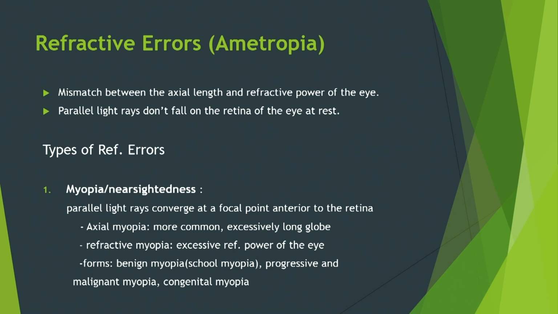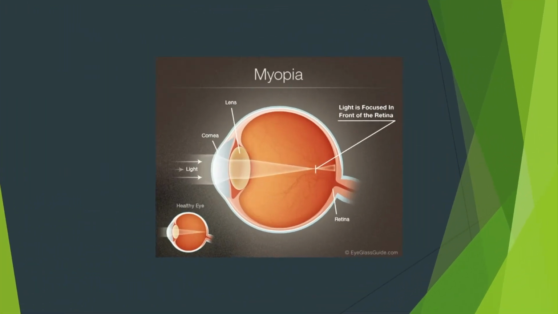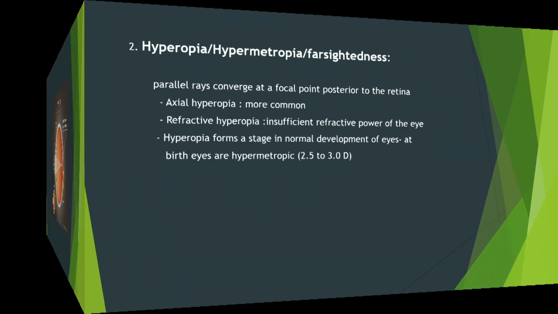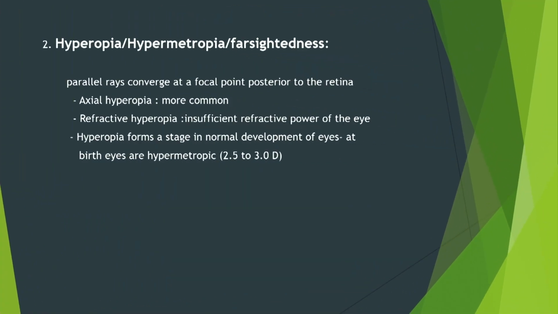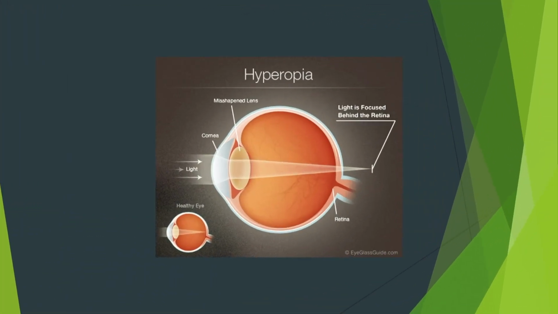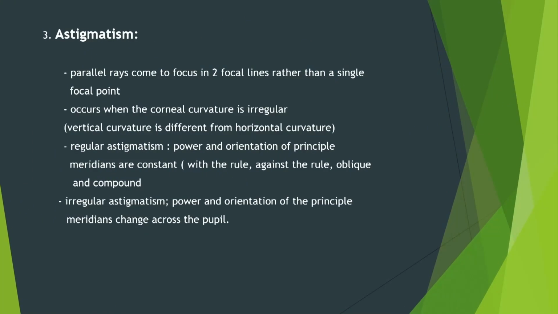You must have discussed the types of refractive errors, so I don't have to discuss them. Mainly myopia, hypermetropia or hyperopia, and then astigmatism. I'm not going into details as she has gone through them, so my life is easy.